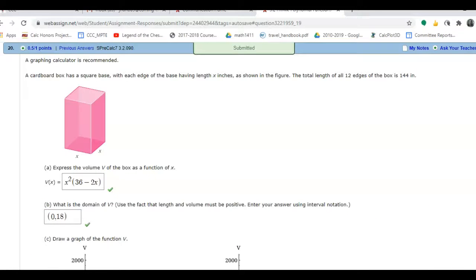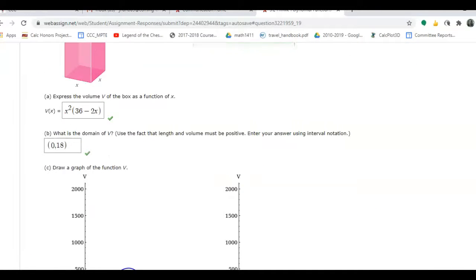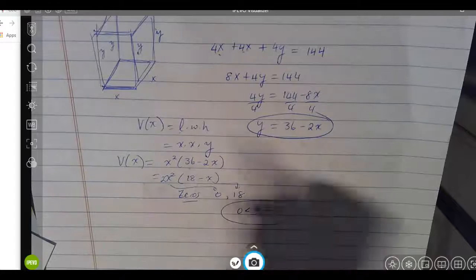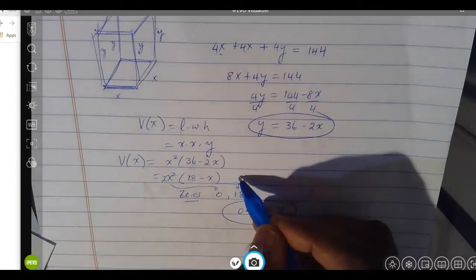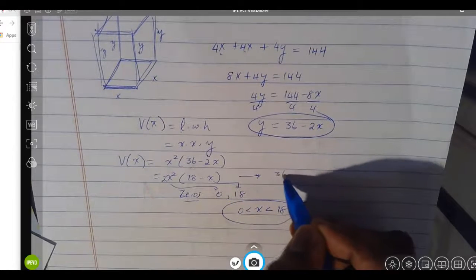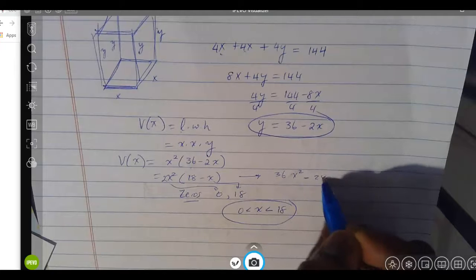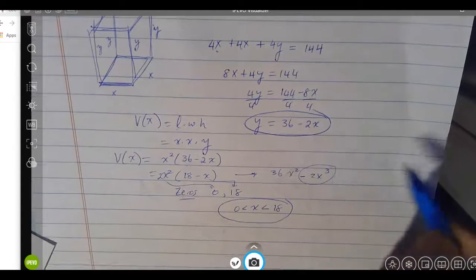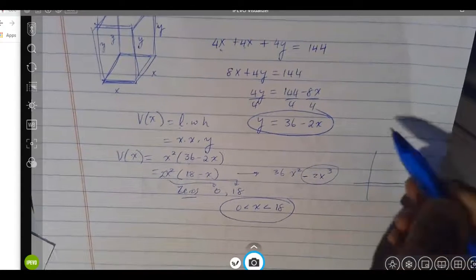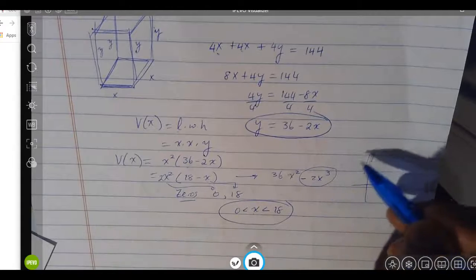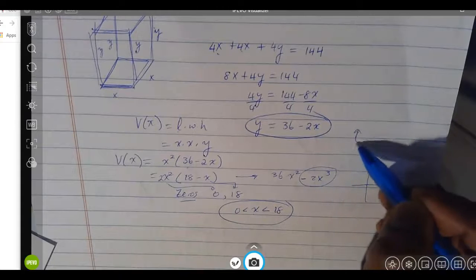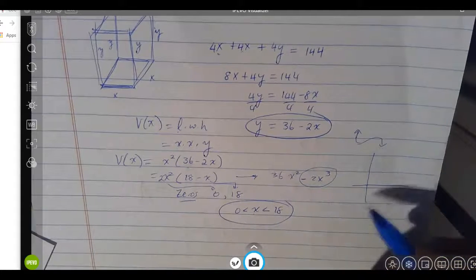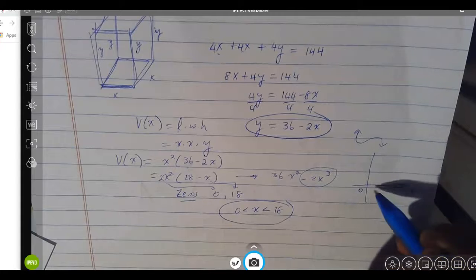So for the graph, let's go back to our polynomial when it's fully expanded. This would have been 36x squared minus 2x cubed. So it's a cubic, with a negative, odd degree, negative leading coefficient. This is the shape, but we're only looking from 0 to 18.